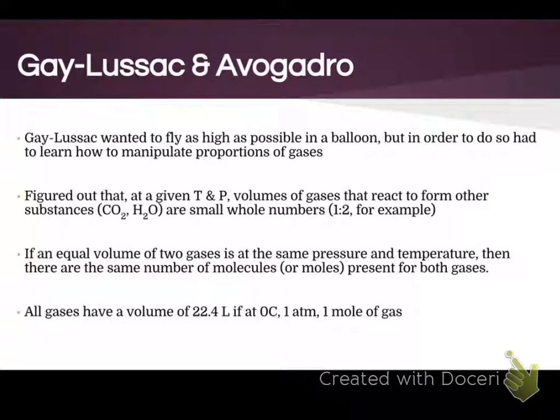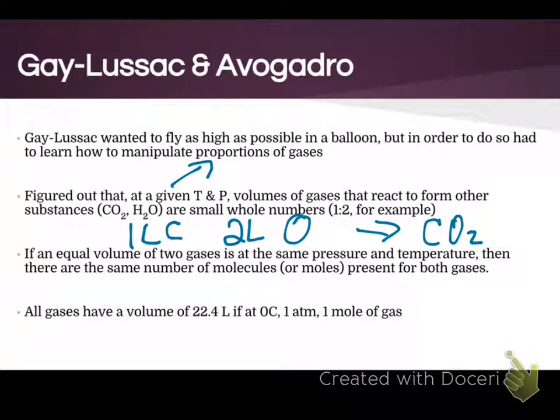So he learned that at any given temperature and pressure, the amount of gases that react is very predictable. So if I take 1 liter of carbon gas and 2 liters of oxygen, you're always going to get CO2 gas.